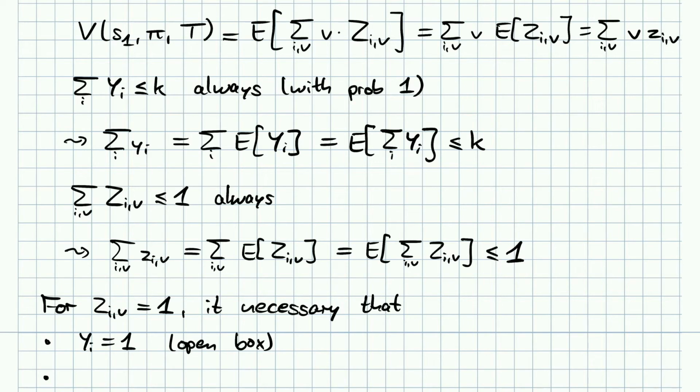And the other thing that has to hold is that the box contains a prize, that X_i is equal to v, so the box contains a prize of v.